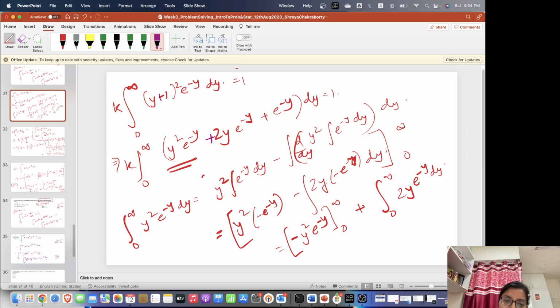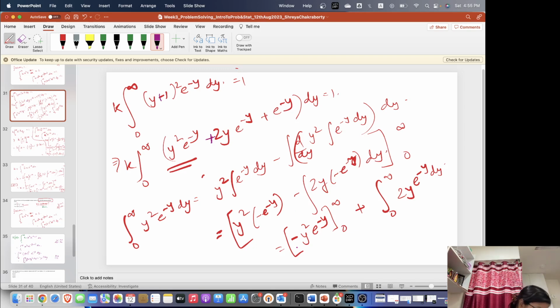This is y square e to the power minus y minus 2y integration of e to the power minus y, that is plus integration 0 to infinity 2y e to the power minus y dy, and this thing is 0. So then we would have landed up at 4y e to the power minus y.